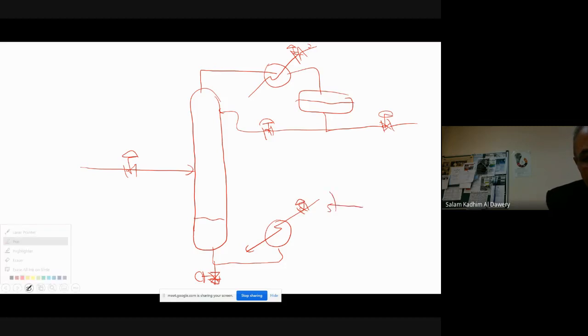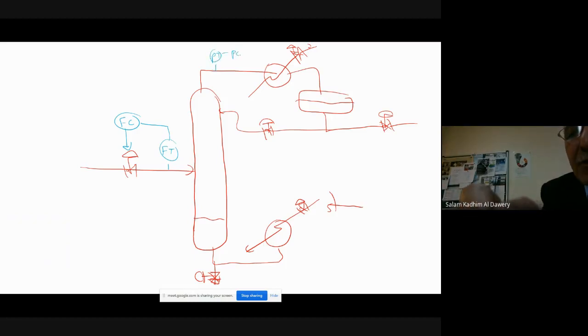So for the control loops on the distillation column, first thing we have to control the flow. So we measure with a flow transmitter, flow control. We put it on the distillation column. Here we measure the pressure, pressure transmitter, pressure control.